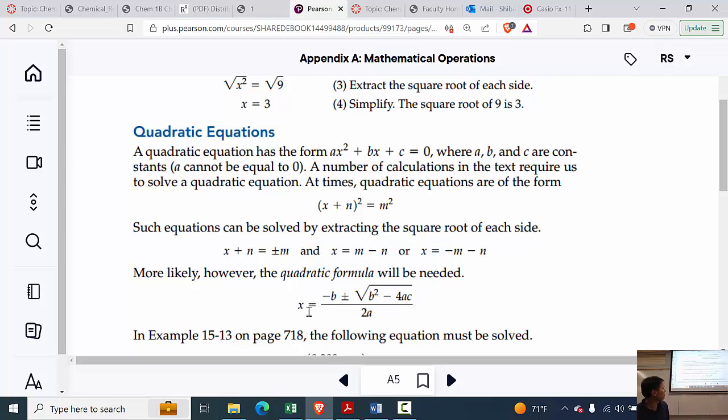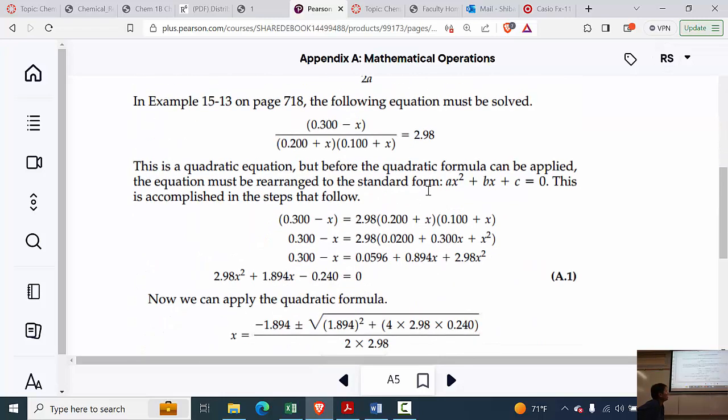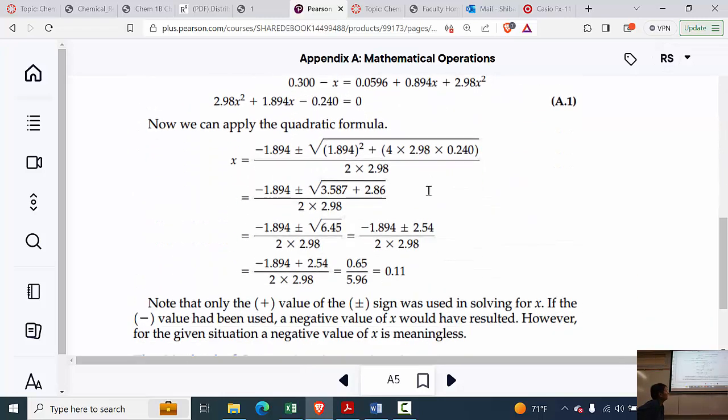Here's the quadratic formula. So you don't need to buy the calculator, it just saves you time. We have a lot of second order equations that we solve in Chem 1B, so you either get very good at the quadratic equation or just get one of those calculators.